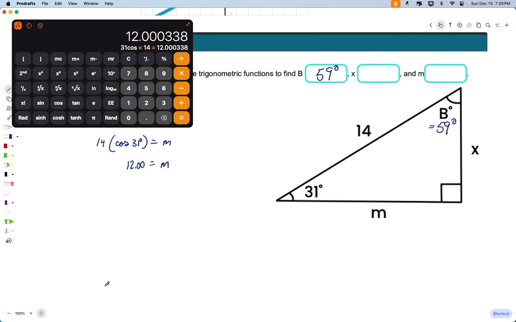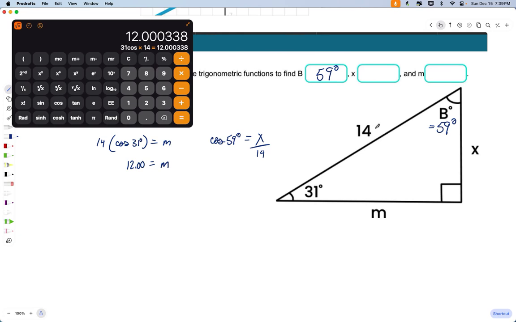Okay, so I can do something very similar to find X for 59 degrees. I can say the cosine of 59 degrees is equal to X, because this is the adjacent side, over 14, because this is the hypotenuse.